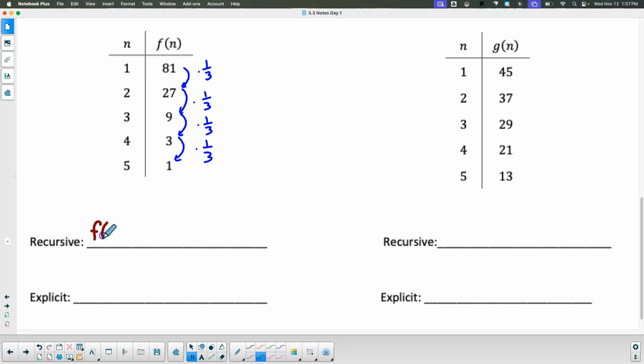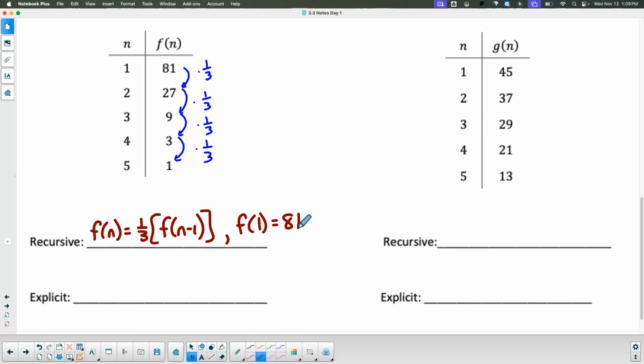So f of n is equal to 1/3 times f of n minus 1, but we also need to have a placeholder, so I'm going to use f of 1. Okay? You could have said f of 2 is 27, f of 3 is 9, f of 4 is 3, f of 5 is 1 there, but I used f of 1.